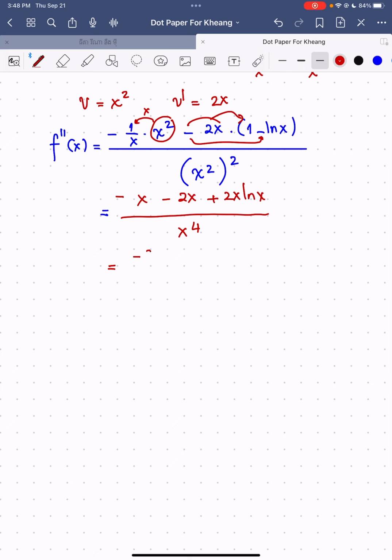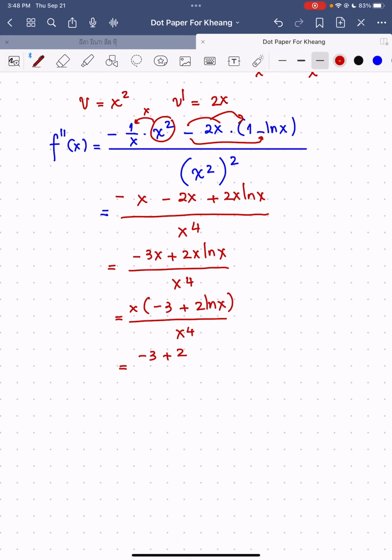Then negative x, that will be negative 3x plus 2x ln x over x to the power of 4, and then you can keep x as the common factor, and you can see that will be negative 3 plus 2 ln x over x to the power of 3, or we can write it as 2 ln x minus 3 over x cubed.